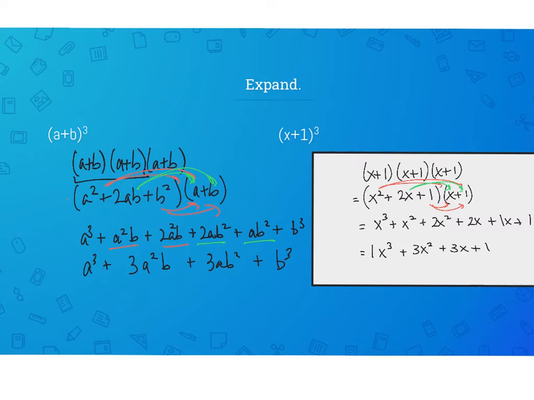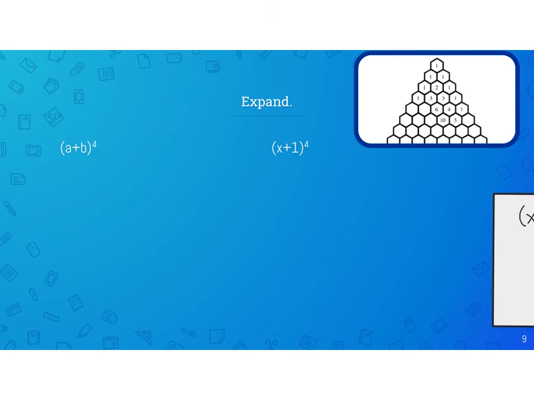Maybe you noticed that there's a 1 here, a 3 here, a 3 here, and a 1 here. There's a 1 here, a 3 here, a 3 here, and a 1 here. We also noticed the increasing exponent of b and the decreasing exponent of a. In the second one, you just have the decreasing exponent of x's.